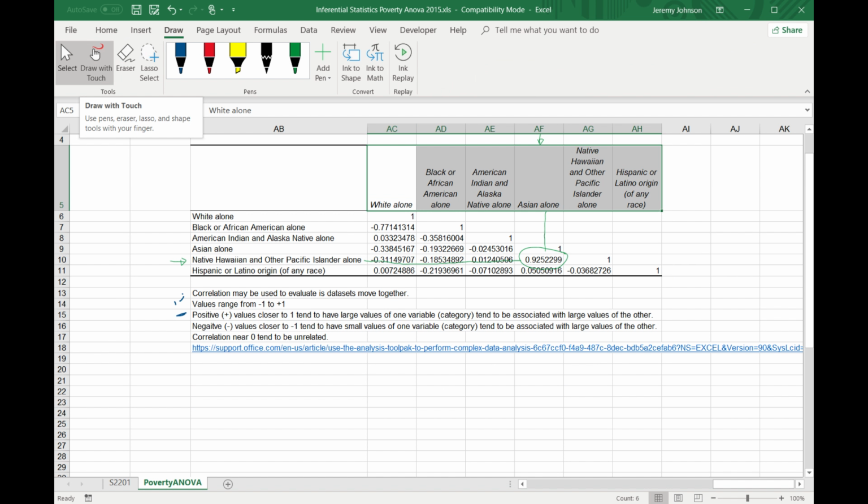But since it's positive, this also means that the variables in one data set tend to be associated with variables or data in the other data set.